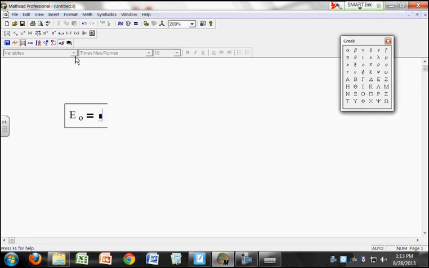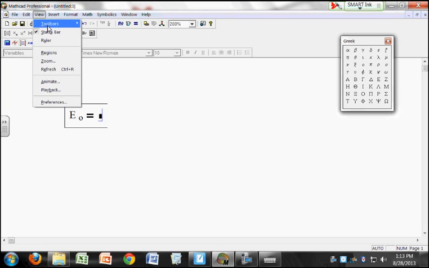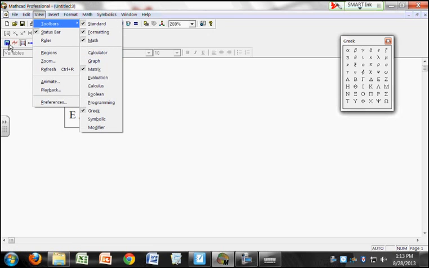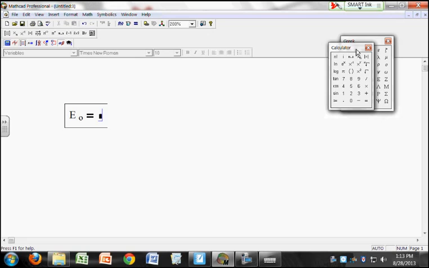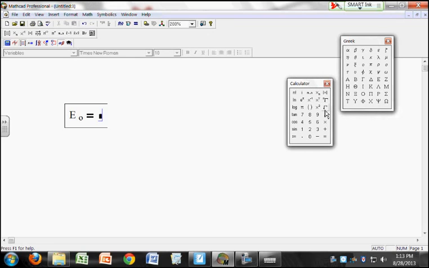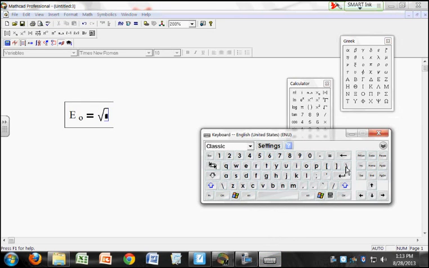You go to your calculator toolbar. You can go view, toolbars, calculator, or this icon right here is the calculator toolbar. And there's a square root symbol there. Or if you want to use the keyboard, square root is backslash. On your keyboard, the backslash key will give you your square root sign.